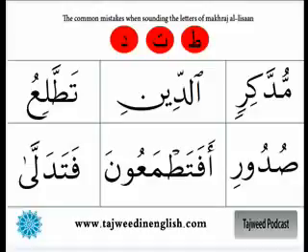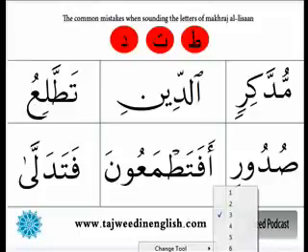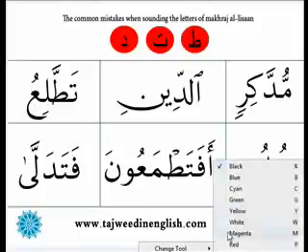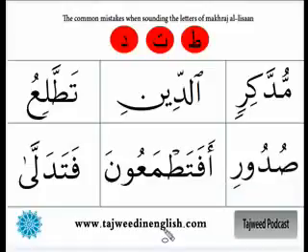So make the ta as a ta. We should observe this and be careful not to make that sounding similar to ta or similar to dal. So muddakir, ad-din, tattali'u ala al-af'idah.